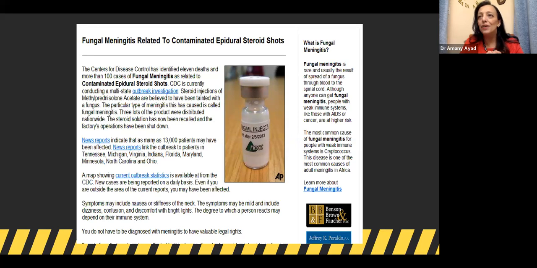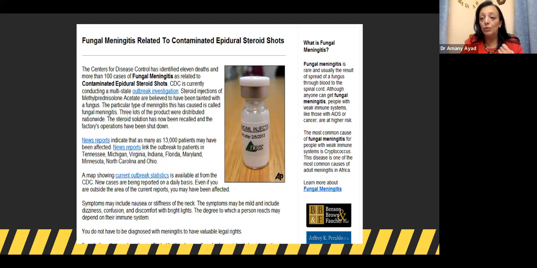First, I want to remind you of something. What happens if a fault happens during pain management intervention? As you see here, there were reports in 2012, repeated or summated in 2016, about fungal meningitis related to contaminated epidural steroid shots. A single fault happened there: a contamination of the triamcinolone vials.